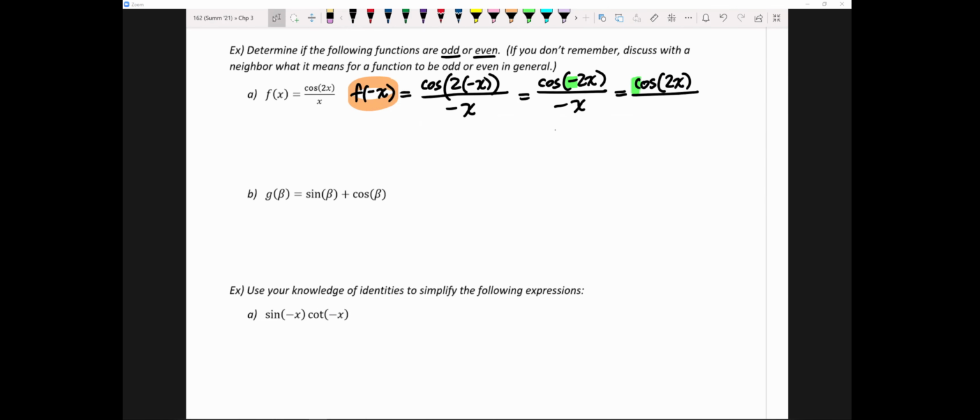So what we get, compared to f of x, is the opposite of f of x, because f of x is cosine of 2x over x. When we negated the input, we got the opposite of the output. The negative sign went from inside to outside. Therefore, f of x is an odd function.